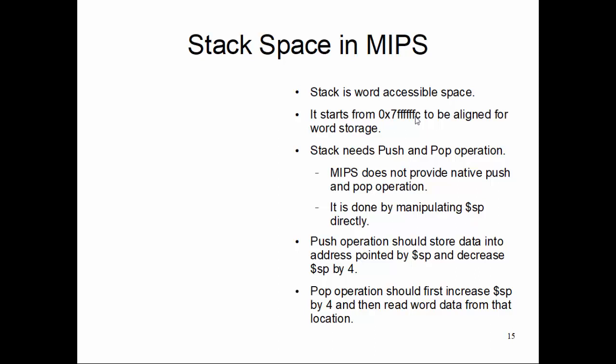Then for 4 bytes I'll go higher, storing in FC, FD, FE and FF, and there I reach my user program accessible boundary by convention. Everything beyond that is used by the kernel of the operating system. So that's why it starts from this specific address.